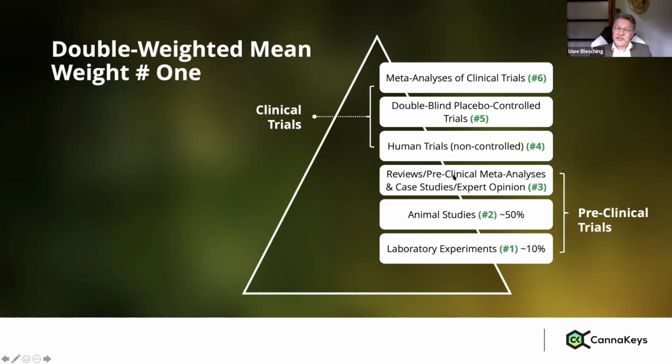And then reviews, preclinical meta-analyses, case studies, and expert opinions get a 3, and then all the way up, and now here's the invisible barrier or line between preclinical and clinical trials. There are non-controlled trials, randomized trials, and then, of course, the gold standard, the meta-analyses of clinical trials, getting the heaviest weight of the initial first weight that we apply towards each study.